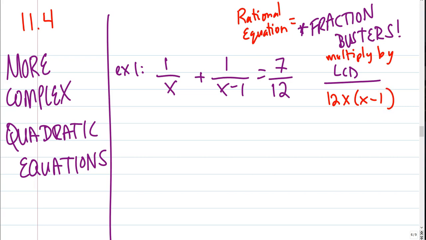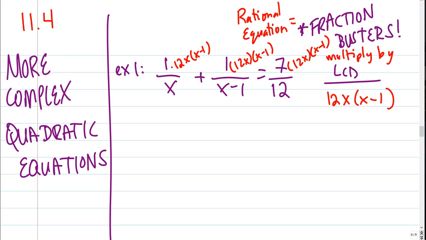So I'm going to multiply all three pieces by 12x(x minus 1), and start simplifying what we can.